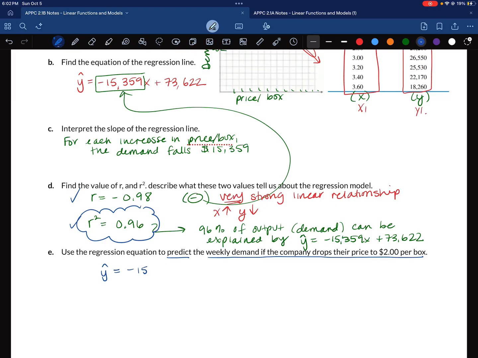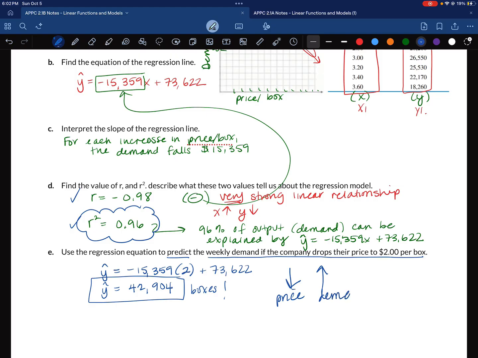So what I'm going to do is I'm going to plug in my x value at $2 a box, and I'm going to see if I can predict what the demand will be. So if the company drops their price to $2 per box, the demand is going to go up to 42,904 boxes, right? And what we should notice is exactly what we saw the whole time through, and that is that as the price goes down, the demand goes up.